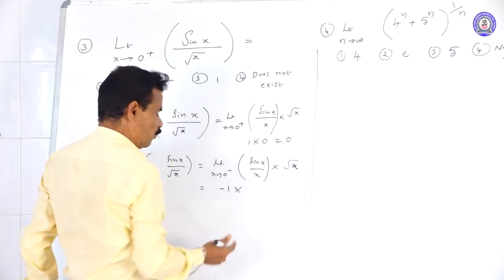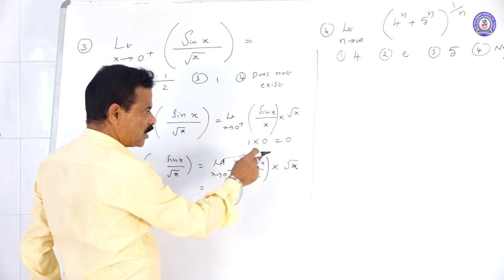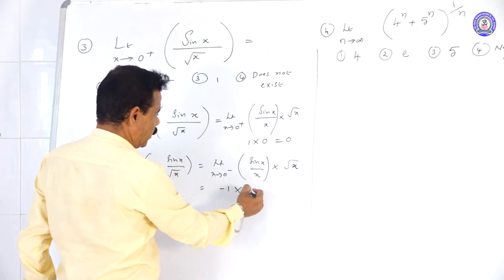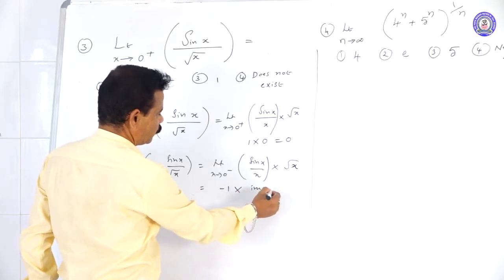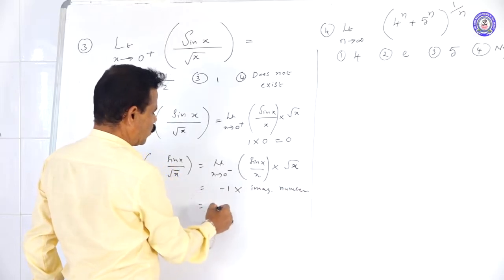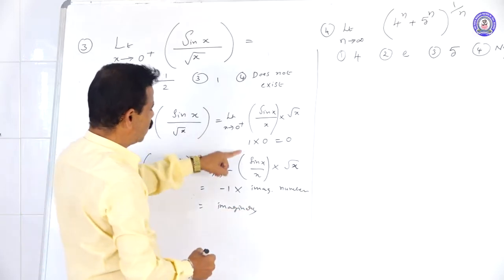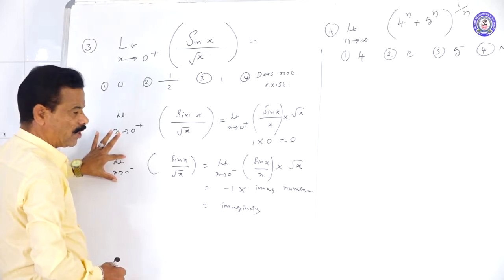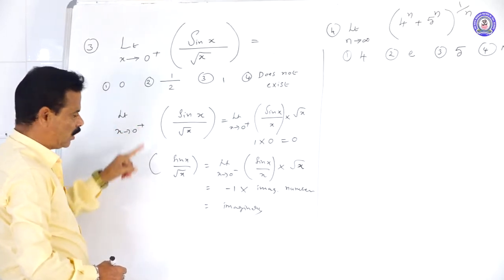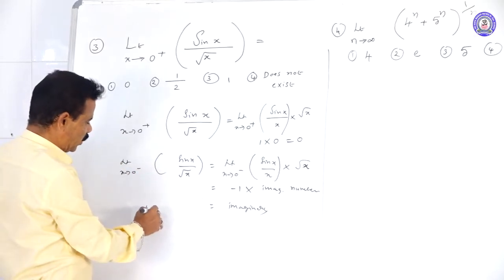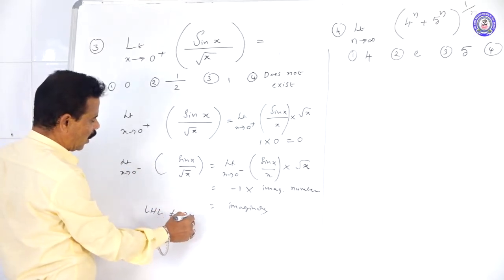If x is negative, the root of a negative is an imaginary number. So an imaginary number into minus 1 is imaginary. Both are not equal. This is the right hand limit, this is the left hand limit. Positive is the right hand limit, negative is the left hand limit. So LHL is not equal to RHL.